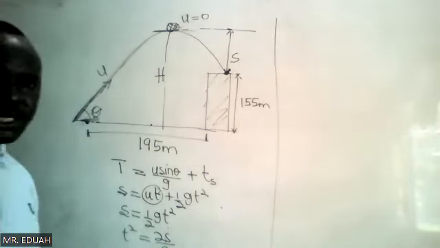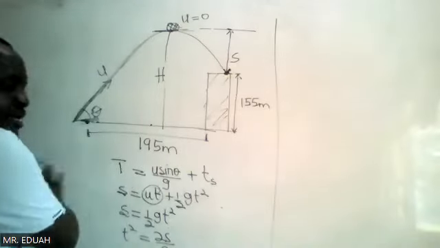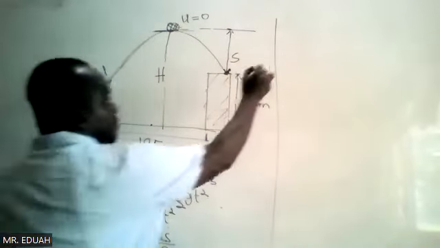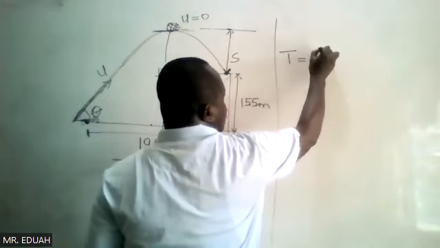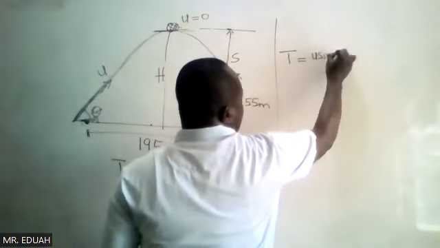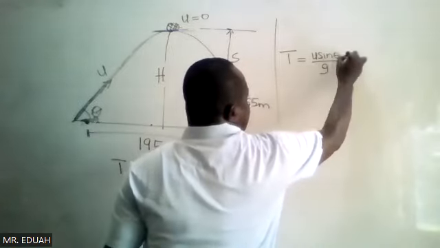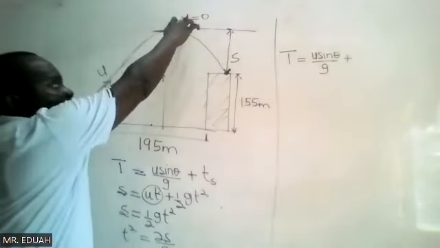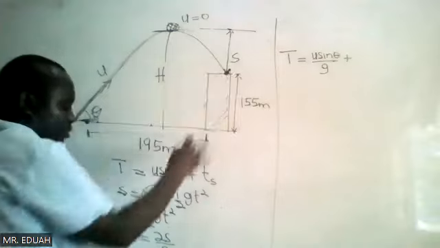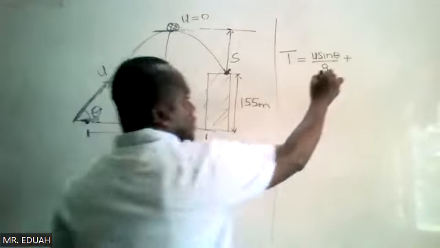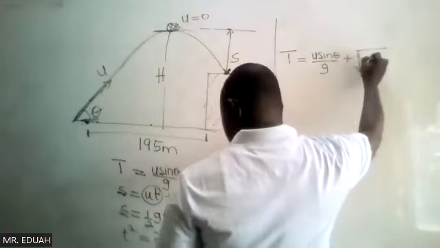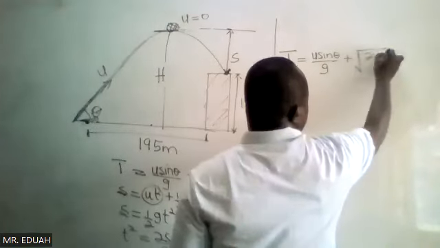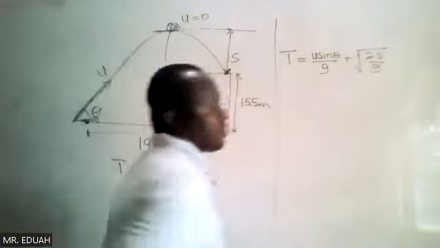Okay, so when we substitute that into the time of flight formula, we have time of flight equal to the time taken to get to the maximum height plus the time taken to move from the maximum height to the top of the roof, which is the square root of 2S on g.